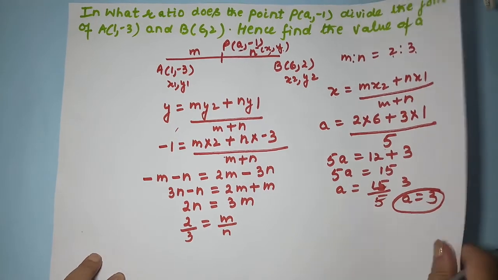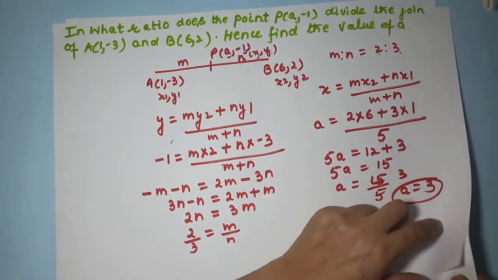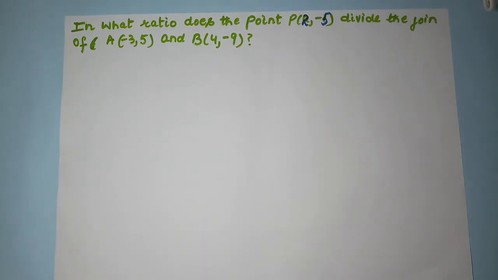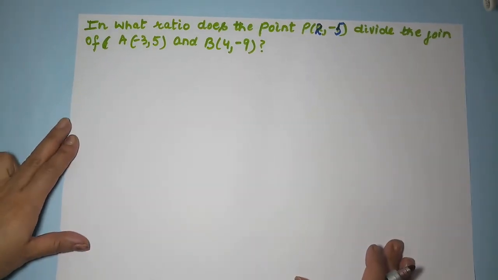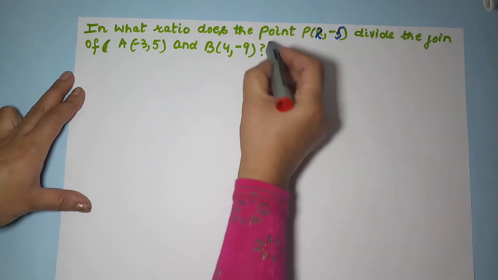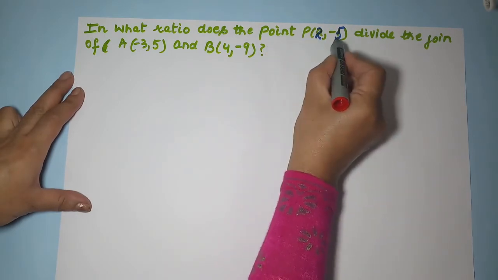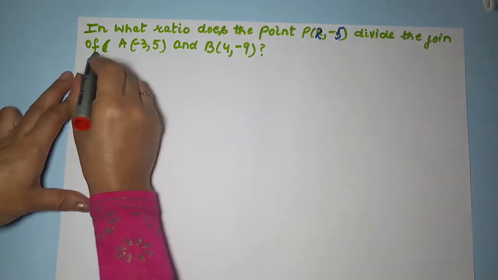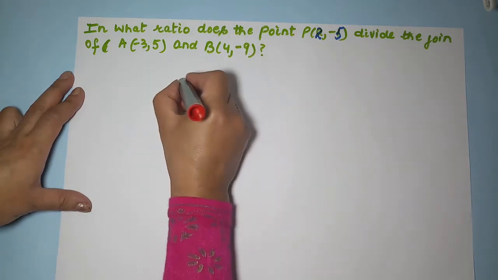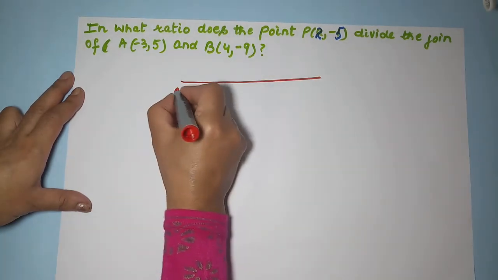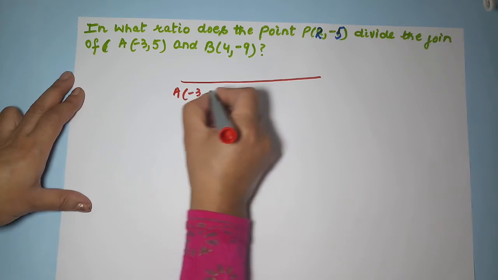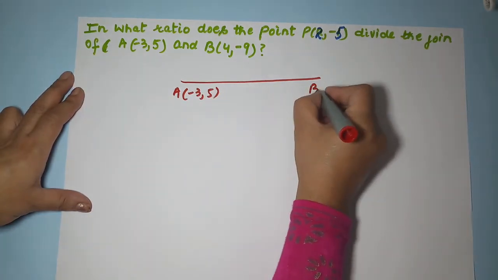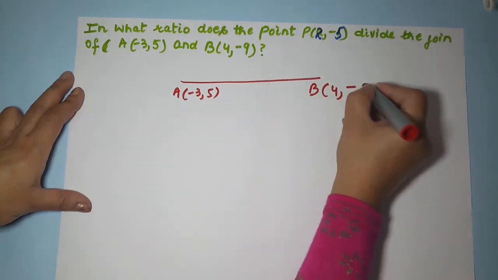Let's do one more sum based on that so that it's clear. He is saying that in what ratio does the point P(2, -5) divide the join of A and B? So we have A, which is minus 3 and 5, and we also have B, which is 4 and minus 9.